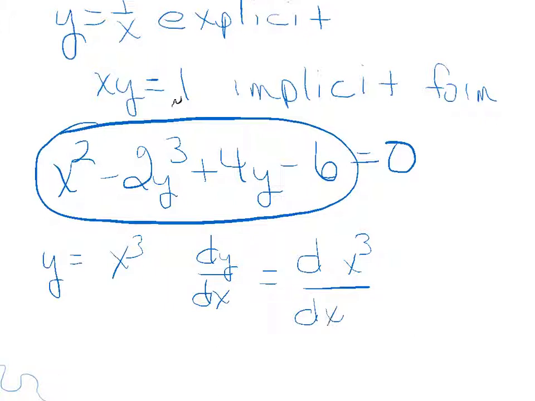And what is that? 3x squared. And really, we have taken the derivative of x with respect to x, which we never showed before. And what is dx over dx? 1. So whenever we're taking the derivative of an x term with respect to x, we really are doing the chain rule and saying times dx dx, which is just 1.